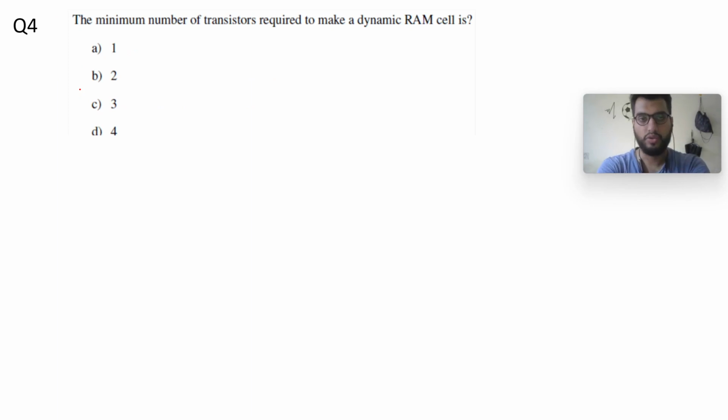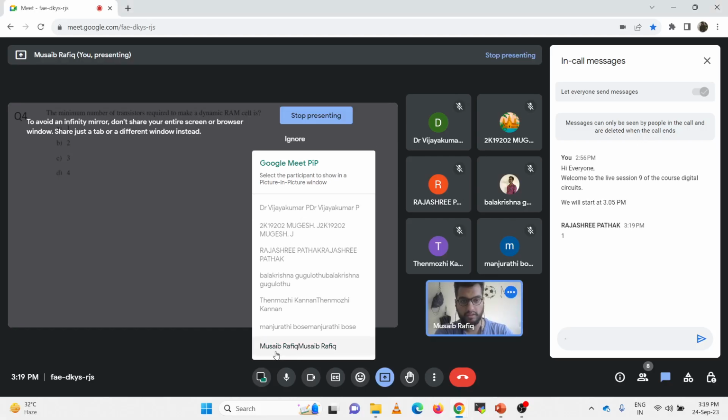Now, here is this question. I would like you guys to tell me the answer first, then I will discuss the DRAM cell. The minimum number of transistors required to make a dynamic RAM cell is, anyone? One of the students has written the answer.